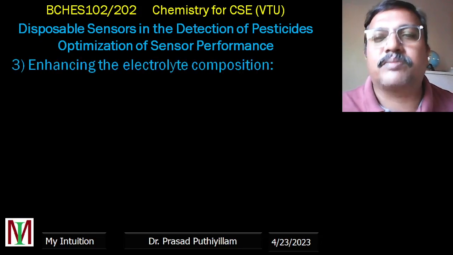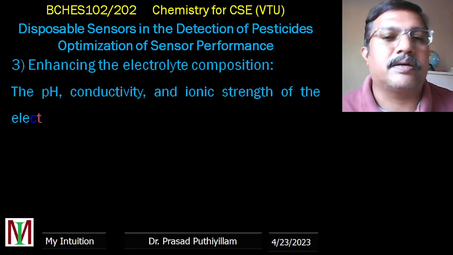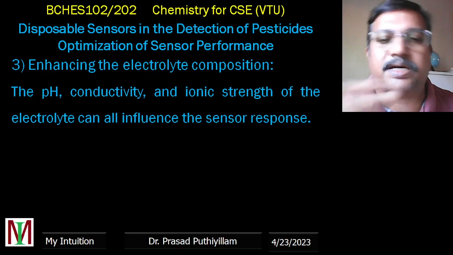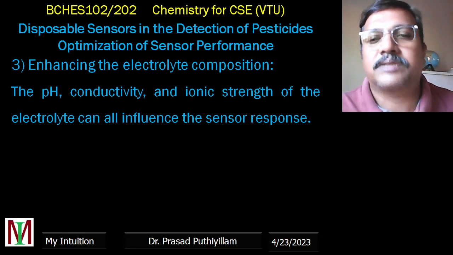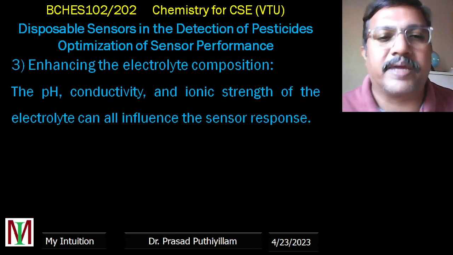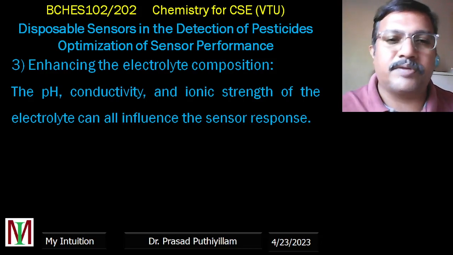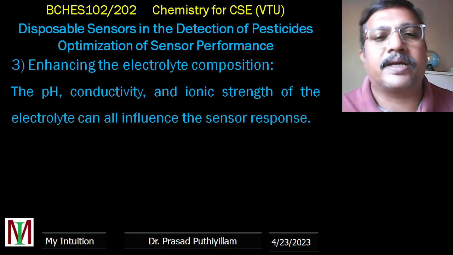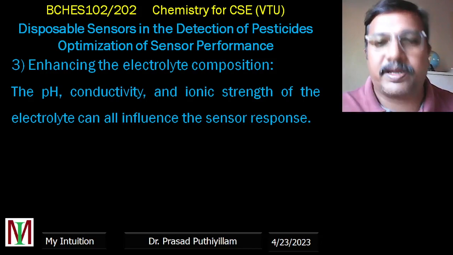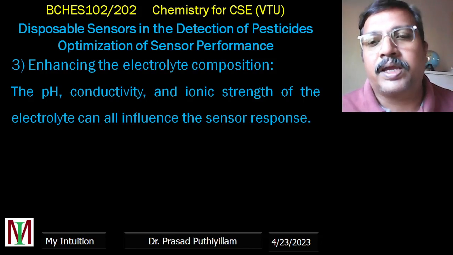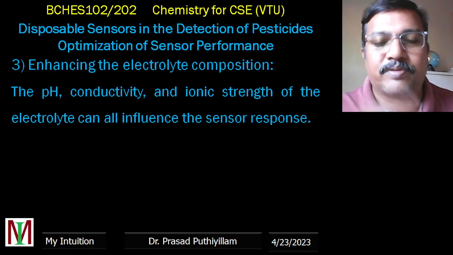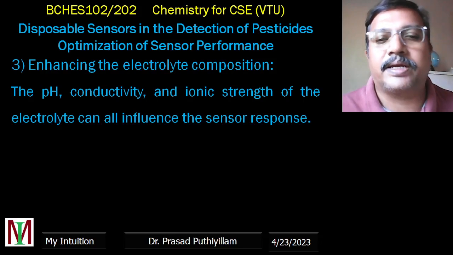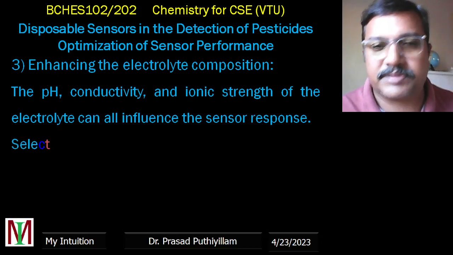Enhancing the electrolyte composition. Electrolyte means the medium which we are using. Any medium which carries charge, through movement of ions, we call an electrolyte. It will have varying pH, from acidity to basicity to neutrality, any possibilities are there. It will have varying conductivity. Conductivity means the possible movement of ions through the solution or medium. The ionic strength of the electrolyte can all influence the sensor response.